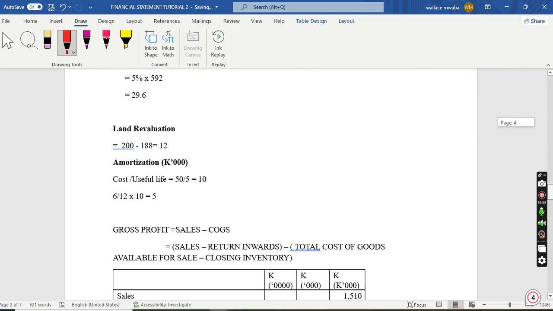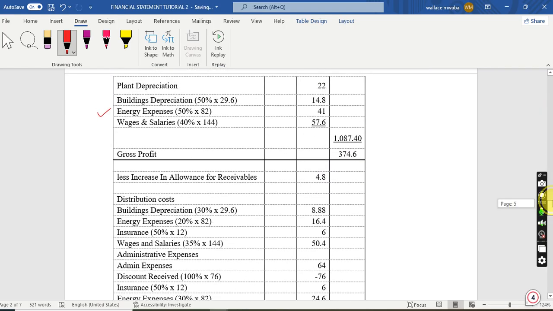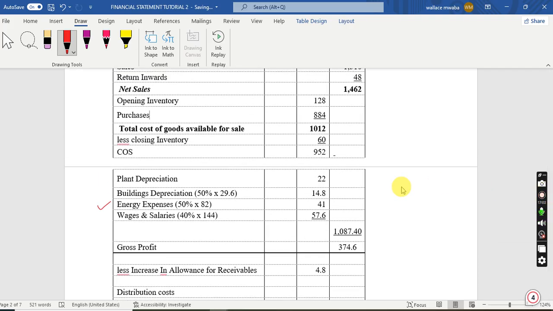So you mean the percentage that we get off the cost of sales? Sorry, the energy expenses will be added to that figure. Yes, all of these here are the ones we're dealing with now. They'll all be added to this 952.